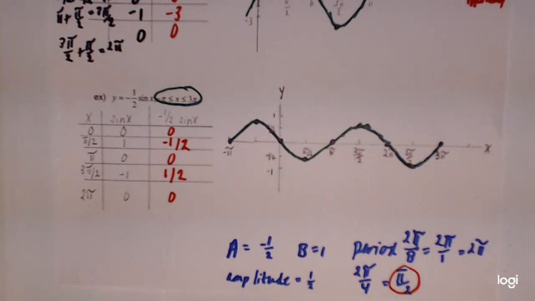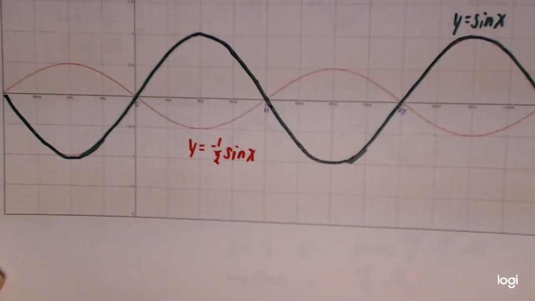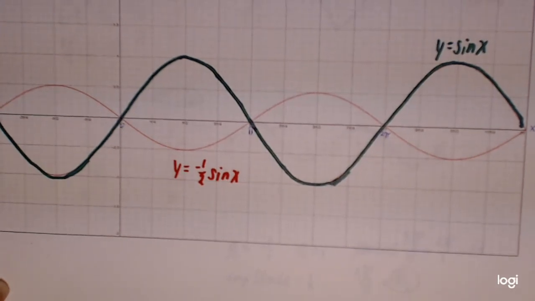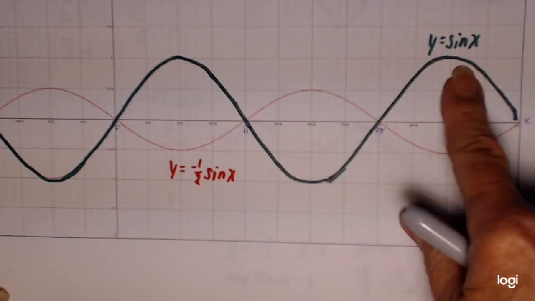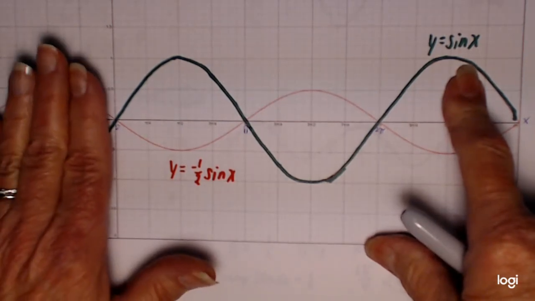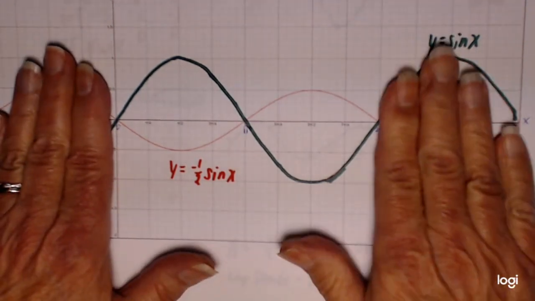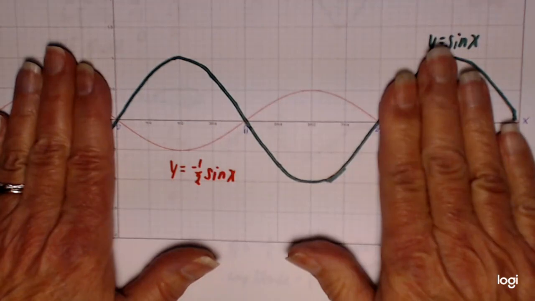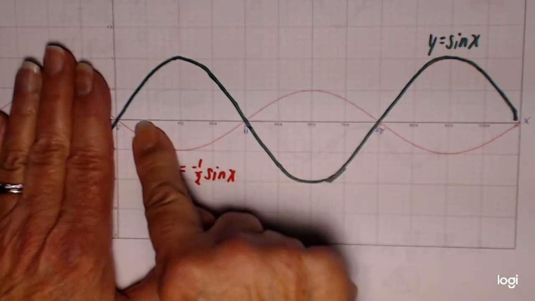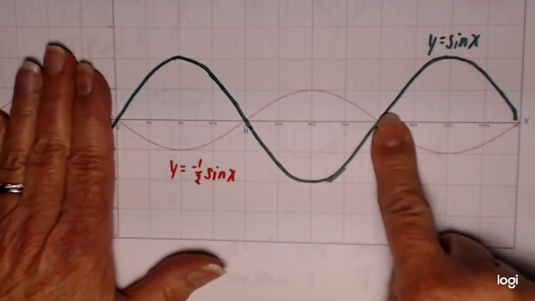I've done this on Desmos so that you could see how the graph we came up with compares to our regular y equals sine of x. Taking a look between 0 and 2 pi here, we have the same key x values. At 0, pi, and 2 pi, there are our x-intercepts.